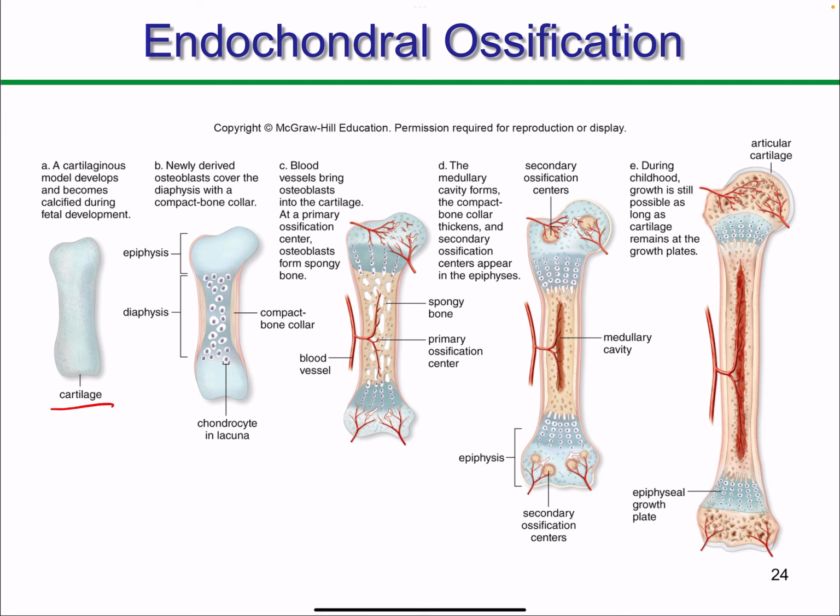In other words, you're going to have a deposition of calcium ions among the collagen fibers and the elastic fibers. Remember, when many salts of calcium come together, they end up forming something that looks like a rock, right?